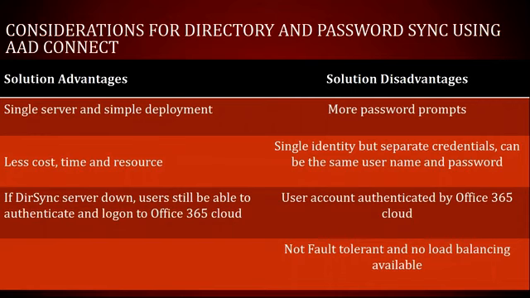Regarding DirSync, in the old words, and AAD Connect in today's world, it's a single server and a simple deployment that doesn't require a whole lot. If your DirSync server on-prem goes down, users are still able to get to Office 365 by authenticating into the cloud and Windows Azure AD.